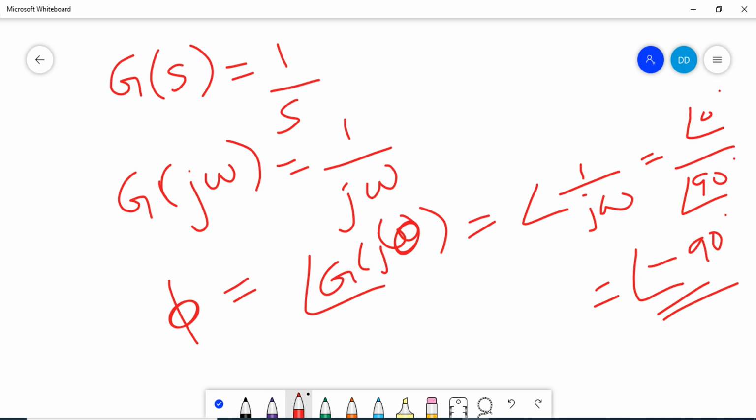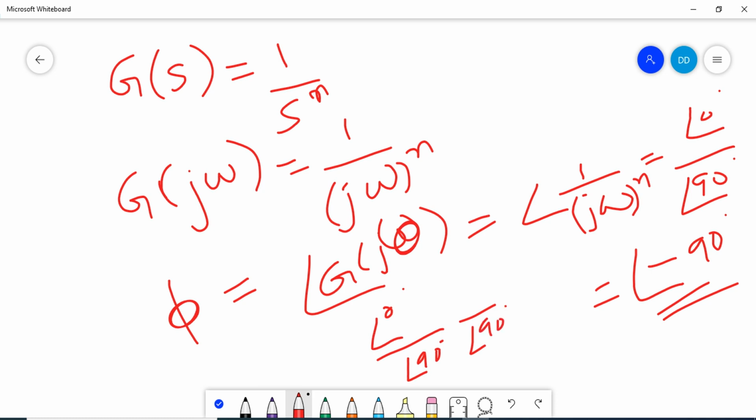Now if we have n poles at the origin, then this becomes 1/s^n, which becomes 1/(jω)^n. Therefore our phase angle is the angle of 1/(jω)^n, that means 0 degrees divided by the angle of 90 degrees, n times.